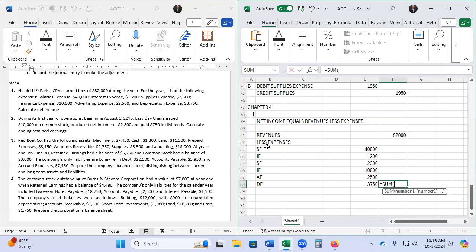We total up our expenses, and then we subtract them from our total revenues, and we get 22,250. I think I saw one of you had 22,300. Obviously, that's just a calculator issue, but for the most part, you guys did a very good job on that one.